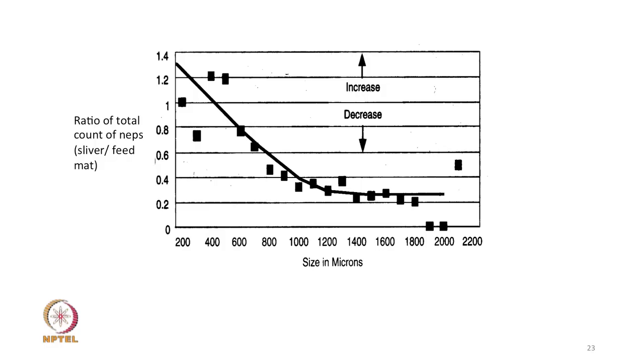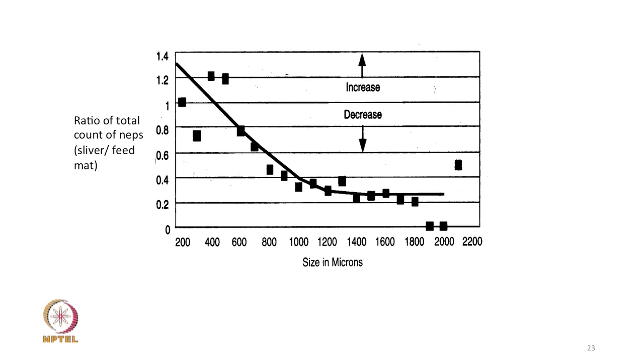This diagram gives us an idea about the nap reduction as a function of size of the naps. Now, if we look at this data, if we classify the data in two groups in terms of size of the naps, we say that on this side there is an increase in naps, whereas on the lower side the values are decreasing.